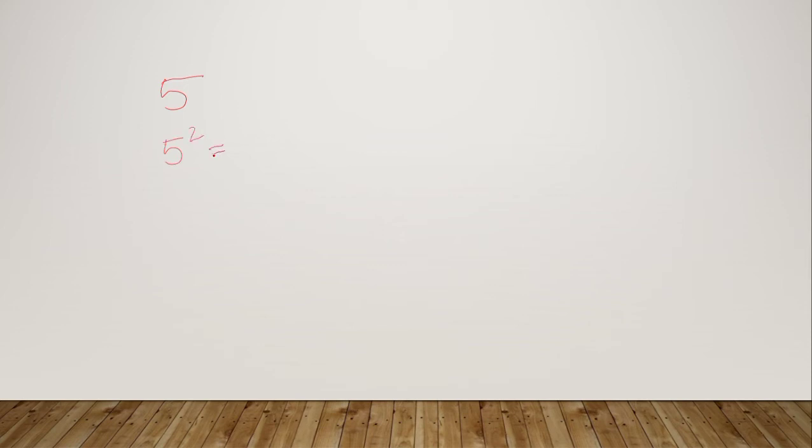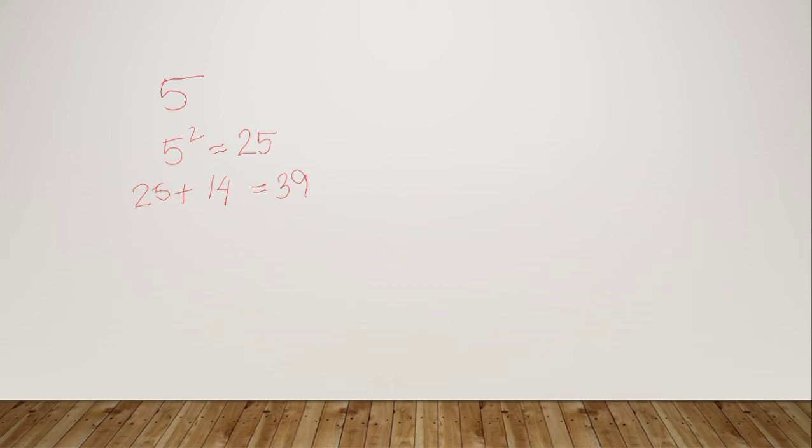When we square 5, we get 25. And then the next step is to add 14. So 25 plus 14 is equal to 39.